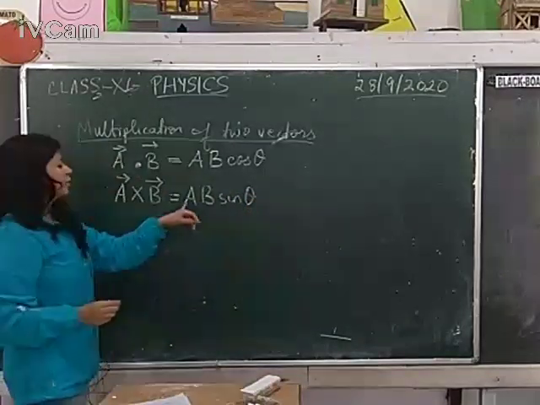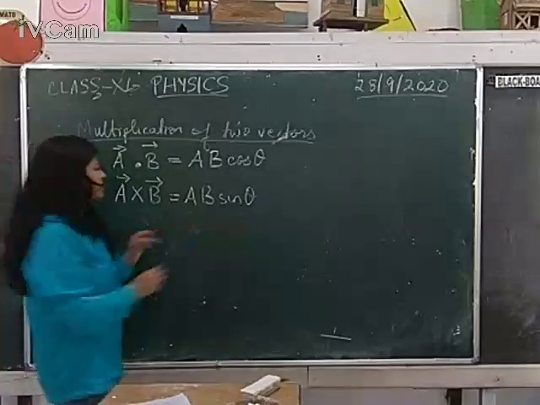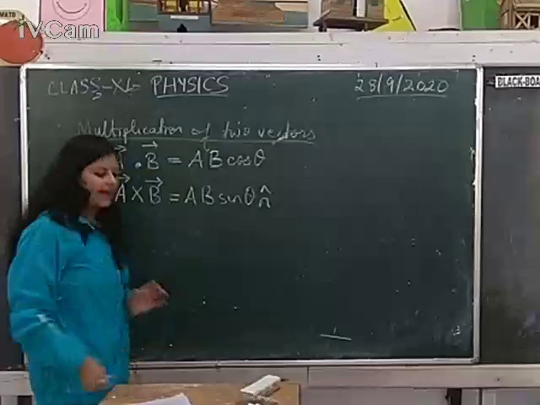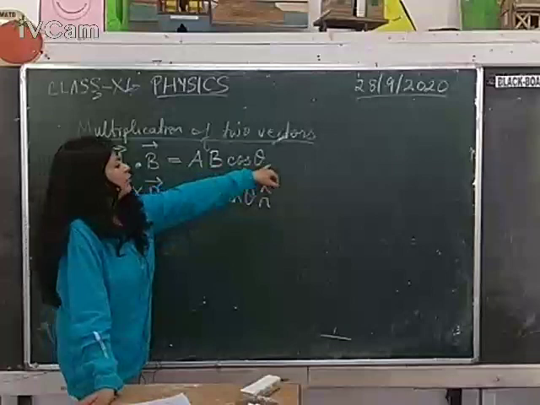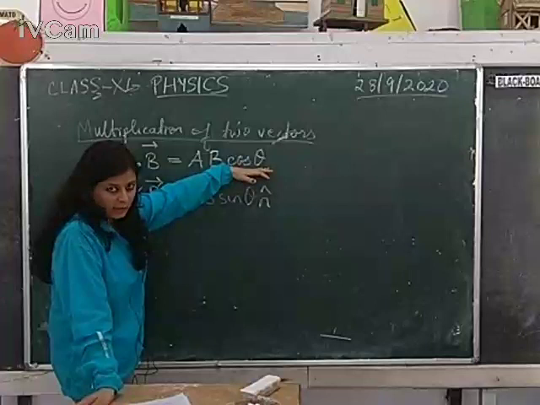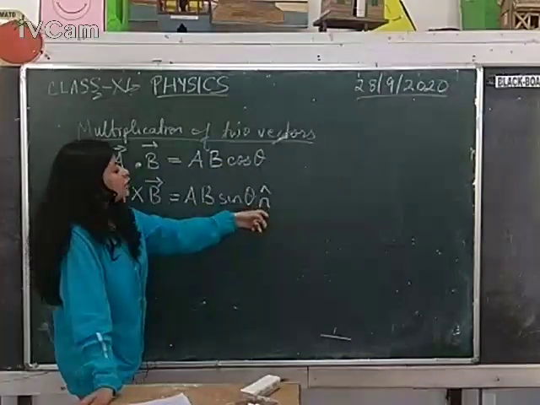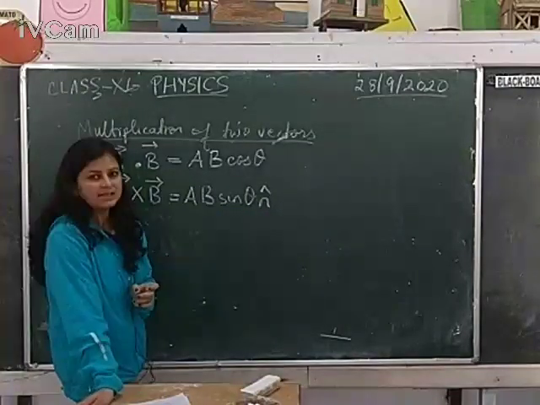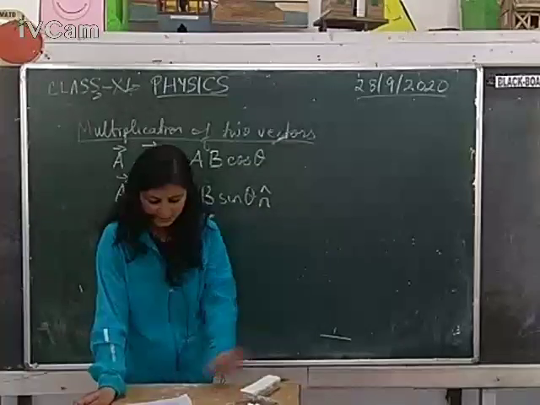That means the product of the magnitudes of the two vectors and the sine of the angle between them, directed in a particular direction. So n will be the direction of the resultant vector after multiplication. See here, we have not put any unit vector because it does not have any direction. It is a scalar quantity. So you need not specify the direction here, but here you also have to know the direction of the final resultant vector. That is the difference between a scalar product and a vector product.